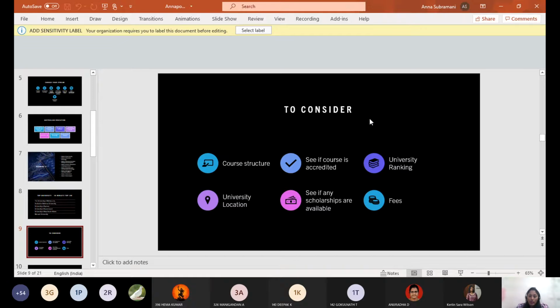So yes, like I mentioned, when choosing a university, make sure you check the course structure. Coming to my scenario, you can ask me why I chose RMIT, where I did my master's. The course structure is what I really liked there. In a few universities, they ask you to complete a mandatory 16 courses where you don't have a choice.